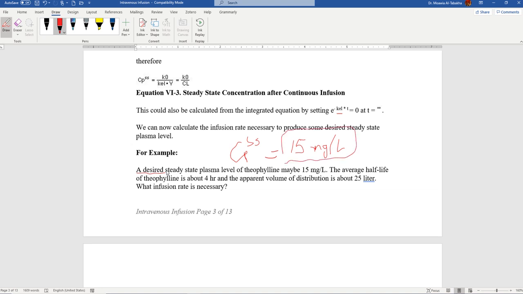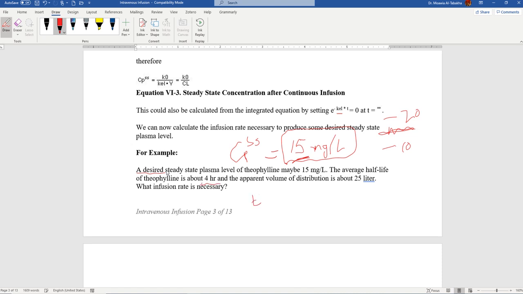Why did they choose 15? This depends on the therapeutic window. The therapeutic window for theophylline ranges from 10 to 20, meaning anything in between will be okay, so they chose 15. They have given you the half-life of the drug, which is 4 hours.